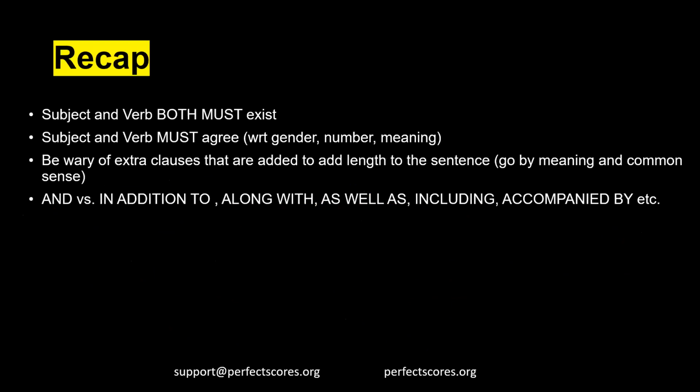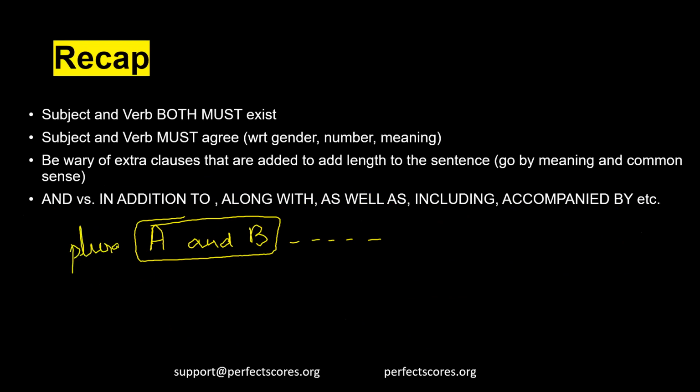The next important rule is and versus in addition to, along with, as well as, including, accompanied by, etc. So if you have something like A and B, and then you have the verbs here. Now it's quite clear that whenever you use and, it automatically becomes plural. So the verb that you use also has to be plural. For example, were or are, or any other plural verb.